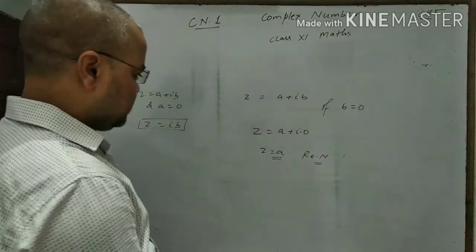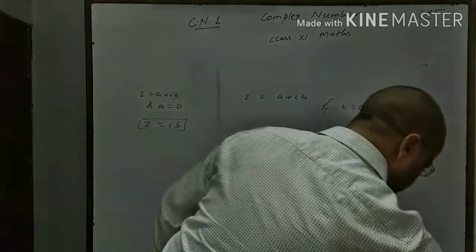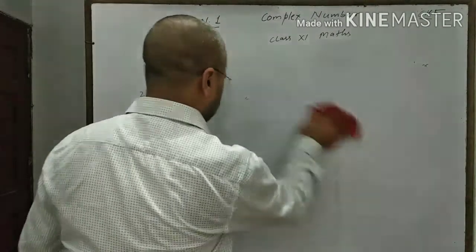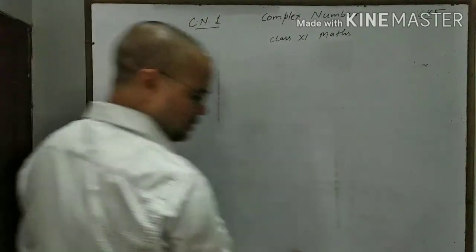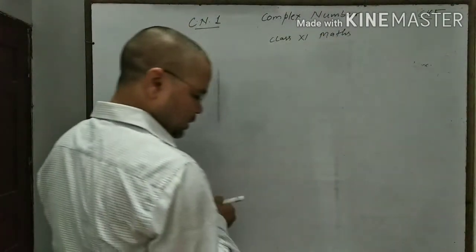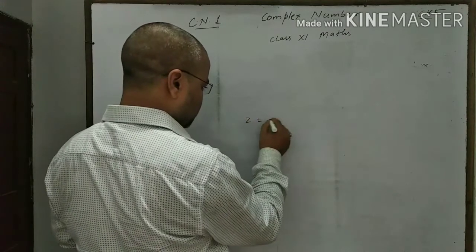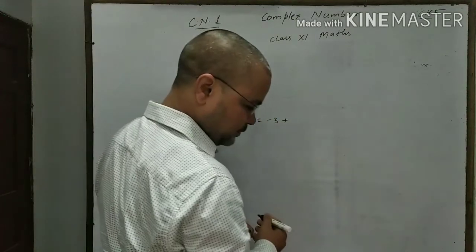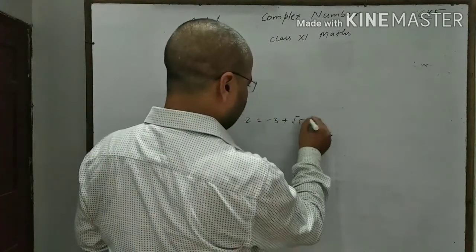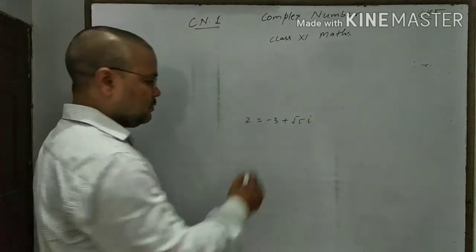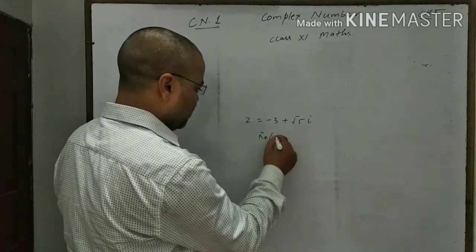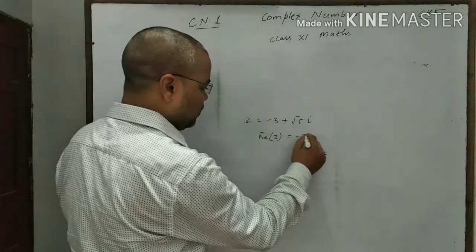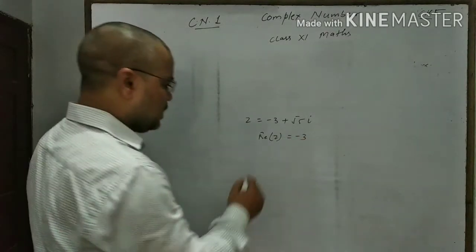If the question is z is equal to minus 3 plus root 5 i, then what is the real part of this complex number? Minus 3.